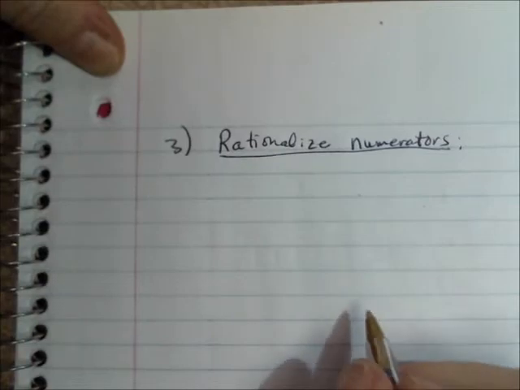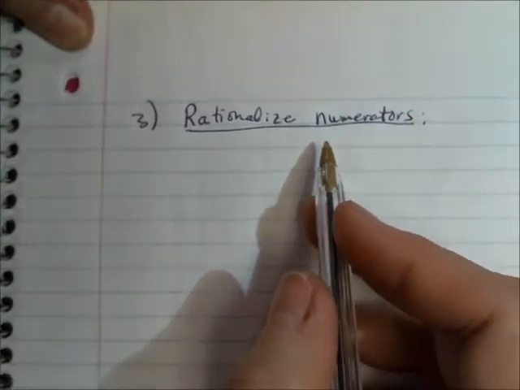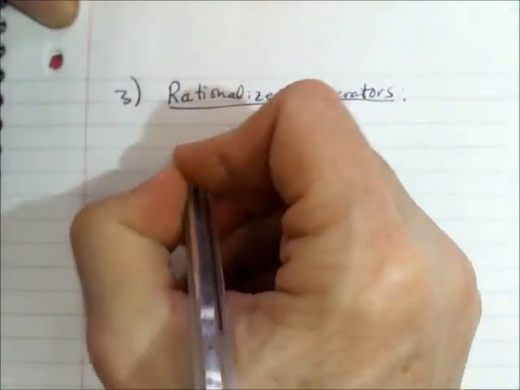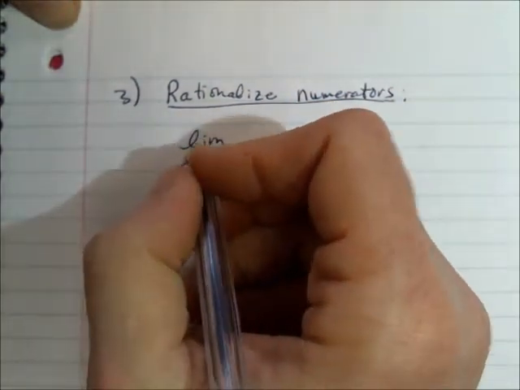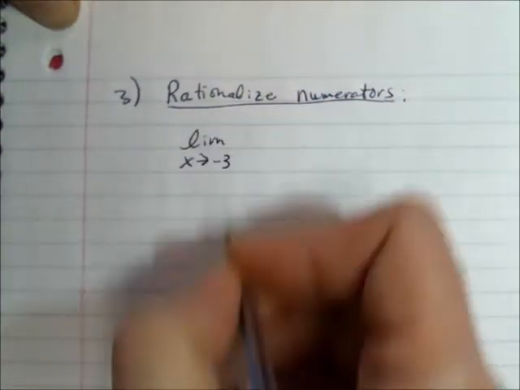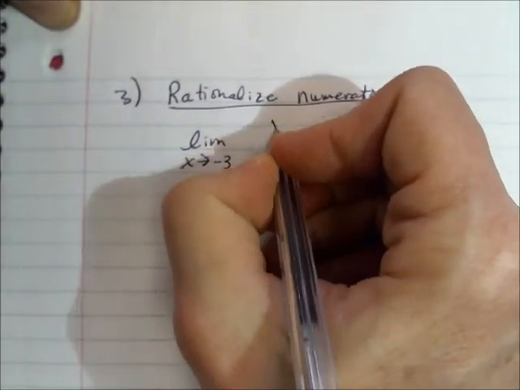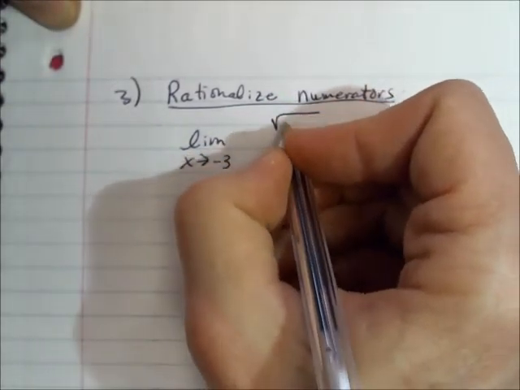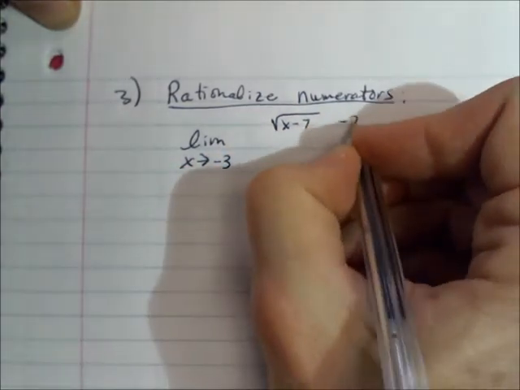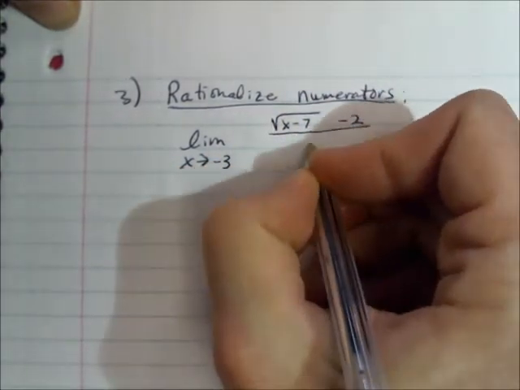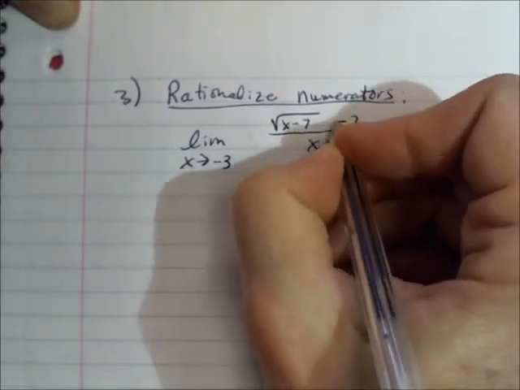What we'll see several times in this course is something like this. The limit as x approaches negative 3 of this fraction, the square root of x plus 7 minus 2, all over x plus 3.